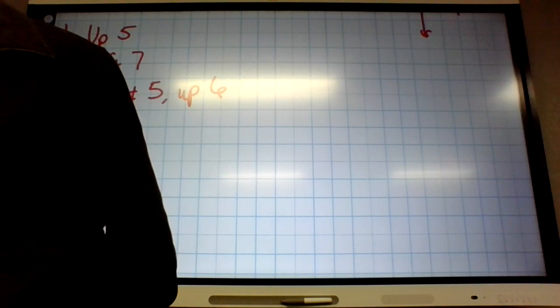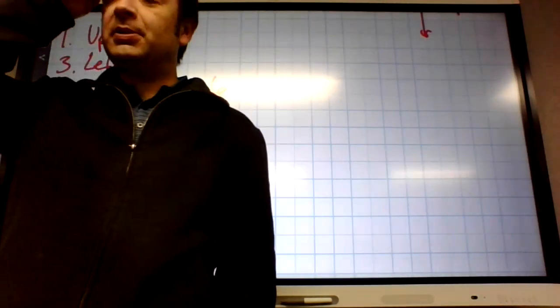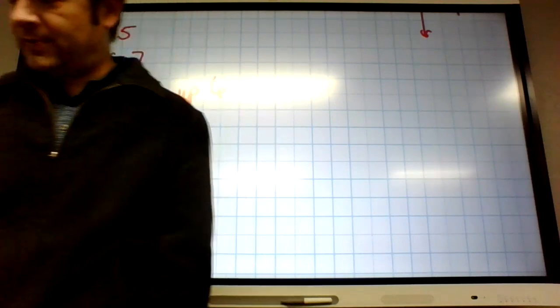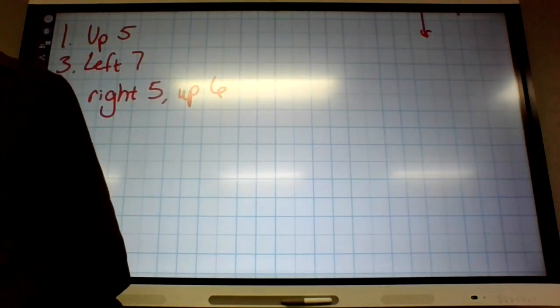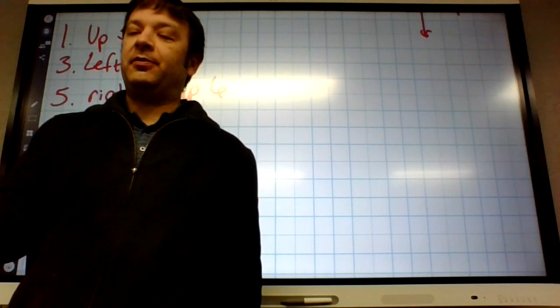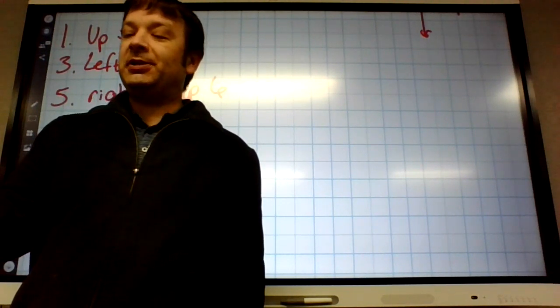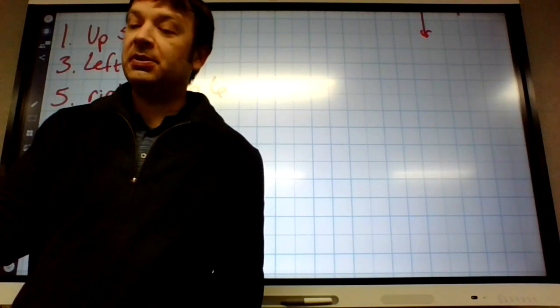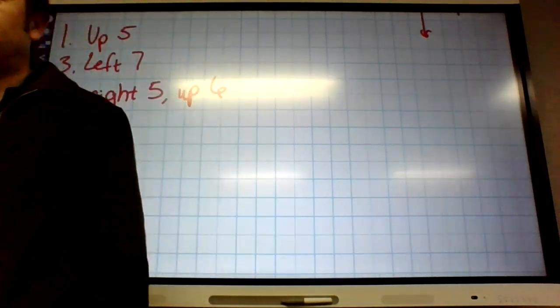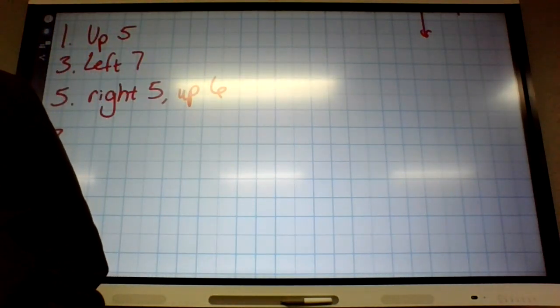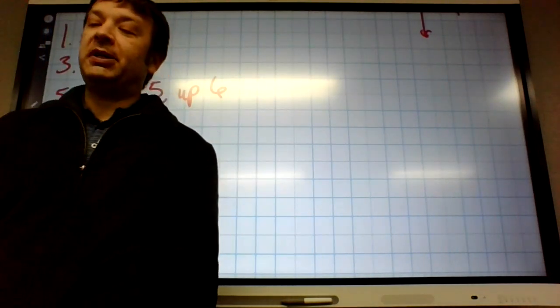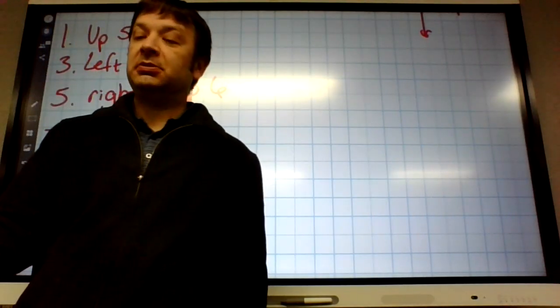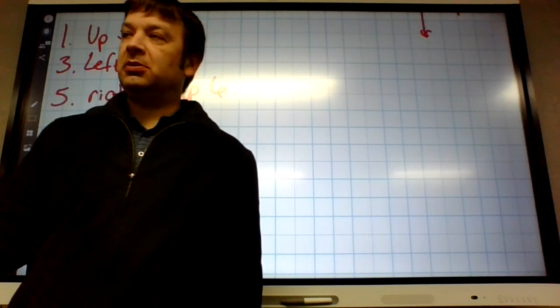Okay, I lost my place. 7. Atticus, any guesses on 7? Look at number 5, the one Abby just did. It was x minus 5, and she said right 5. Plus 6 was up 6. So if that's true, what should we put for 7? Instead of minus 5, it says minus h.